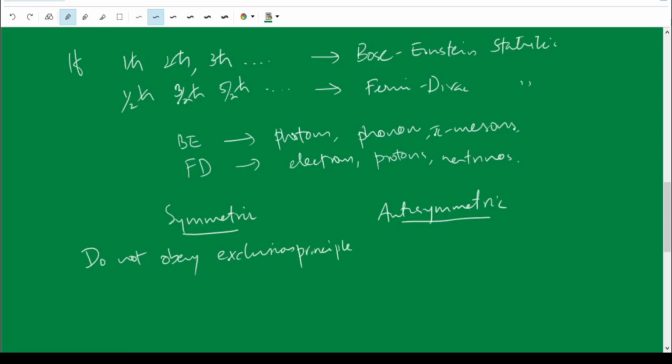No need to have an exclusion principle. Then here, it obeys an exclusion principle: no two particles can occupy a single particle state.